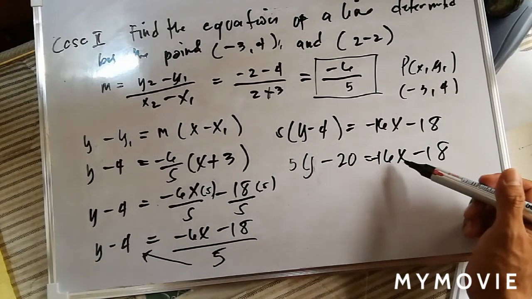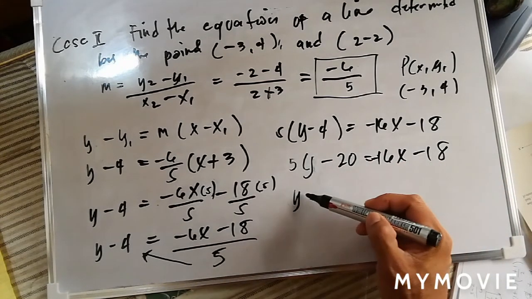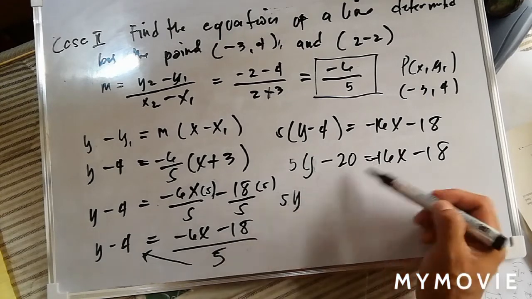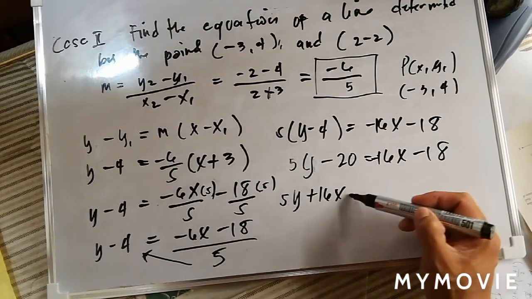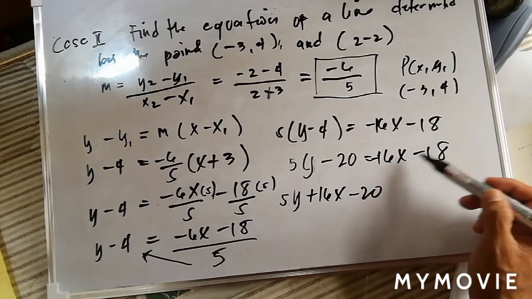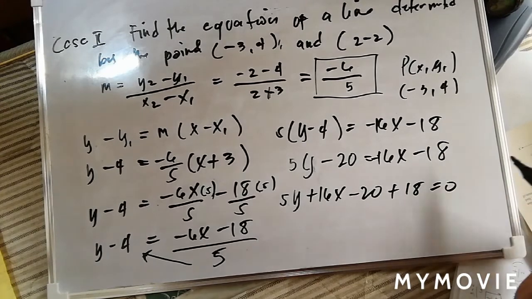Since we have negative 6x, we need to make it positive, so we transpose it to the left side. So 5y plus 6x, and then negative 20. Transpose the negative 18 to the right side to become positive 18, so it's equal to 0.